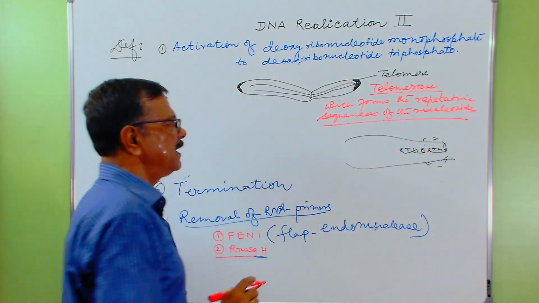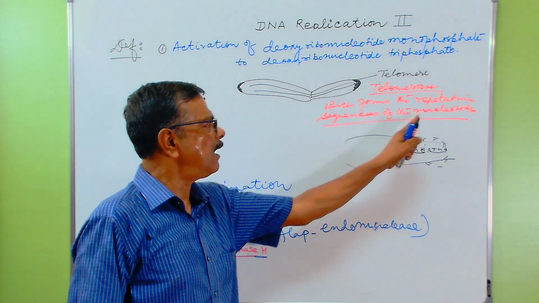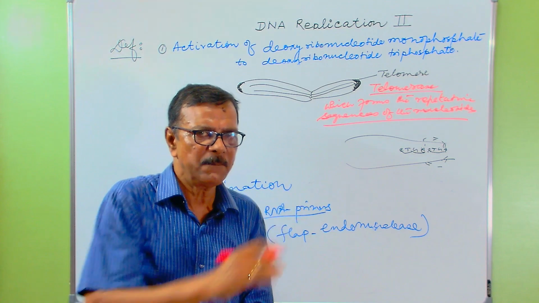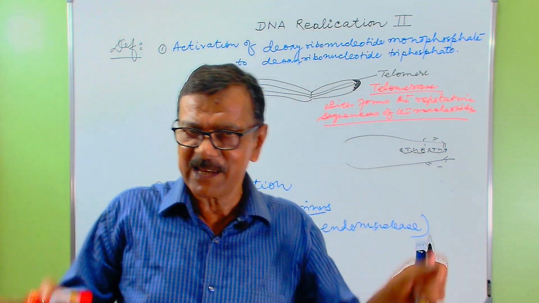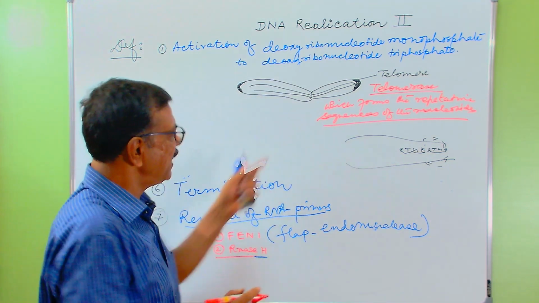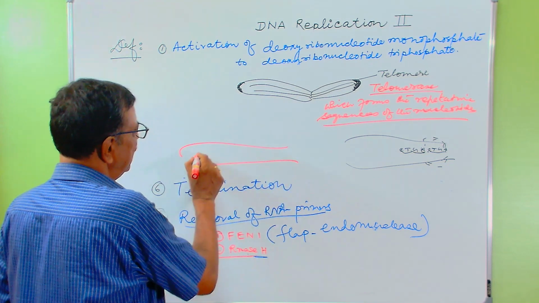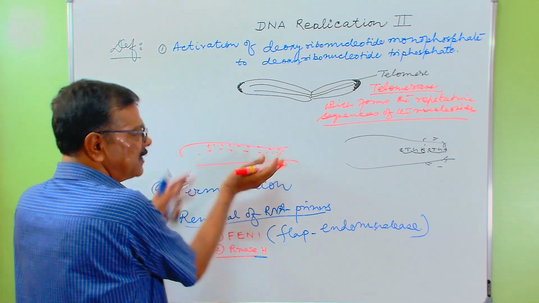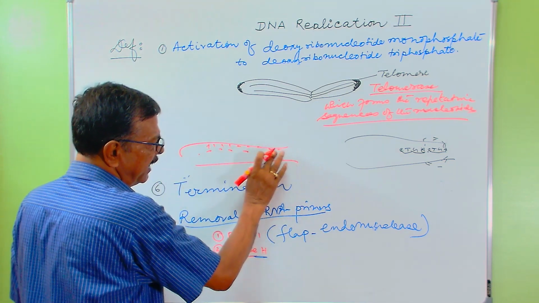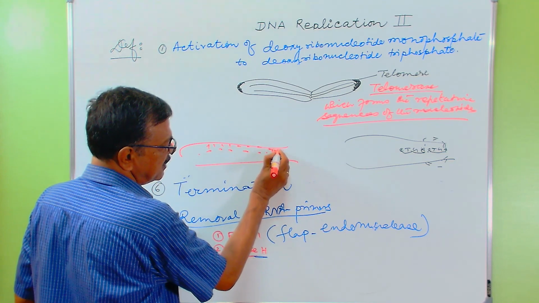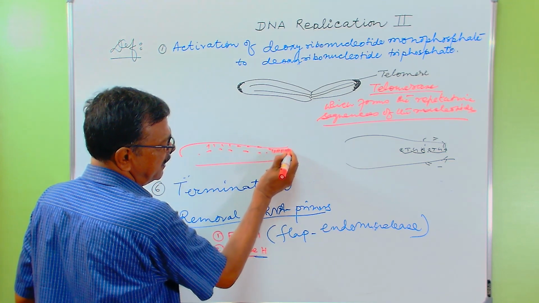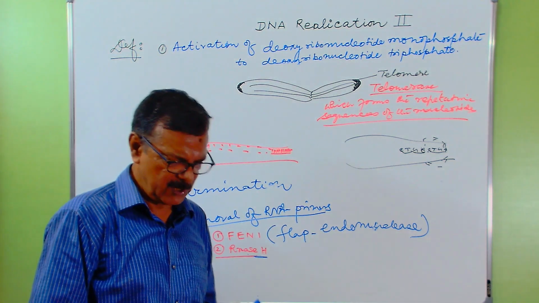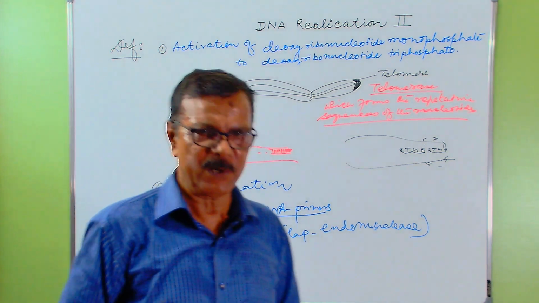The repetitive sequences of the nucleotides have to be placed in exactly the same position, because it is a case of replication. DNA replicates because it is easy, AGTC. But if it contains repetitive nucleotide sequences, that cannot be done by DNA polymerase alone, because DNA polymerase is a simple machine.